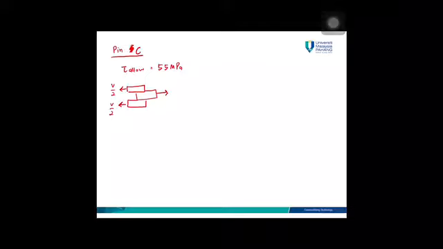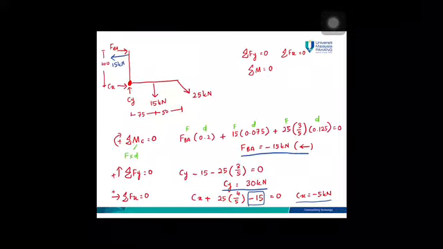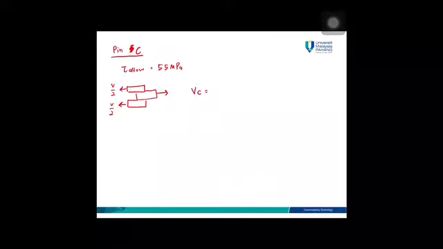Then you need to do the resultant. V at C is equal to 30 and negative 5. Ignore the negative. Square root of 30 square plus 5 square, the resultant is equal to 30.414 kilonewton.